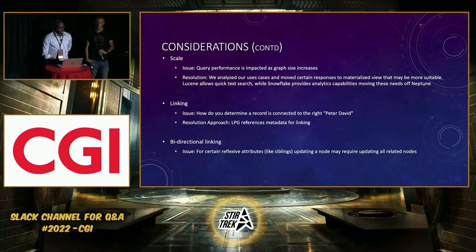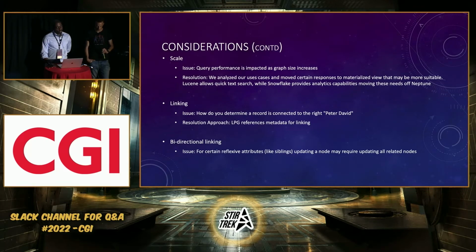The other part, which comes up quite a bit, is the process of linking. So I have this work, and I'm trying to link this work to a Peter David, and I have several Peter Davids. How do I know this is the right Peter David?